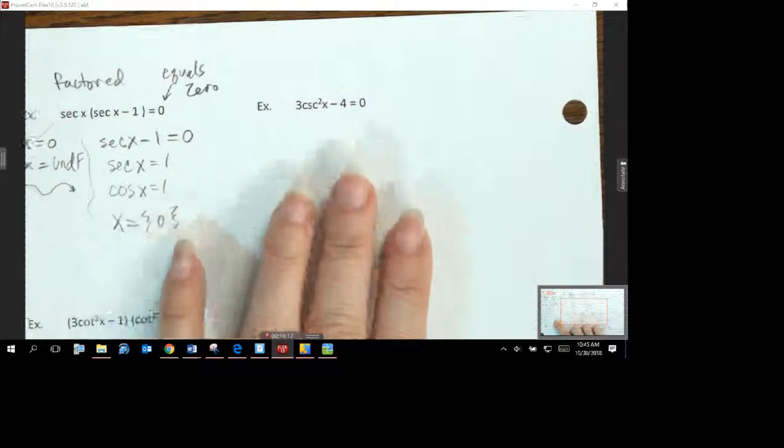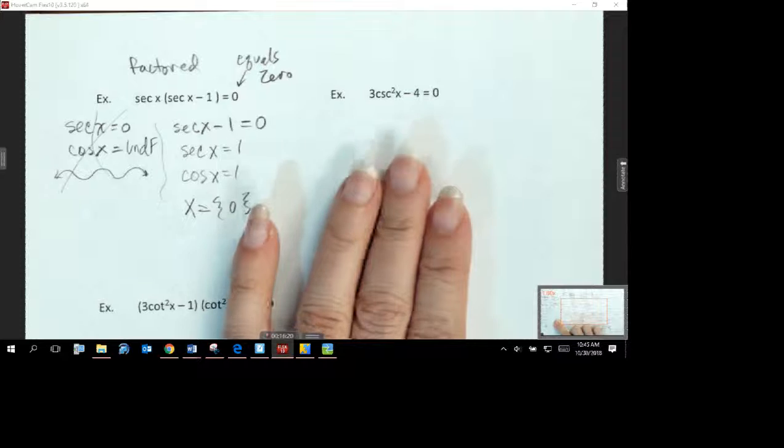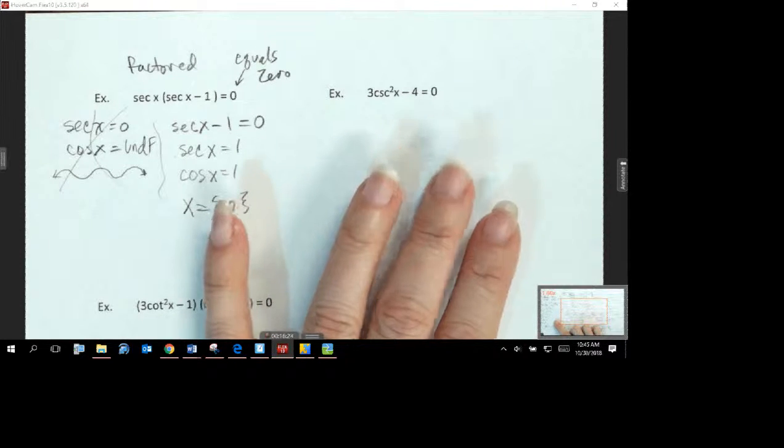Okay, how about this next one? Can you guys start this next one, please? Because I think we already did one like this on the front. So I want to see if you're understanding the material.